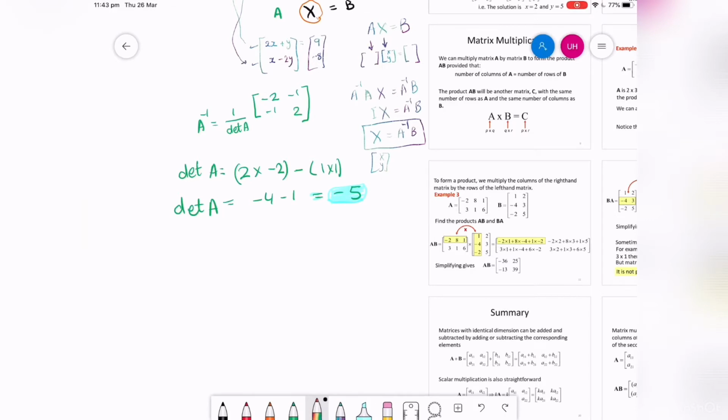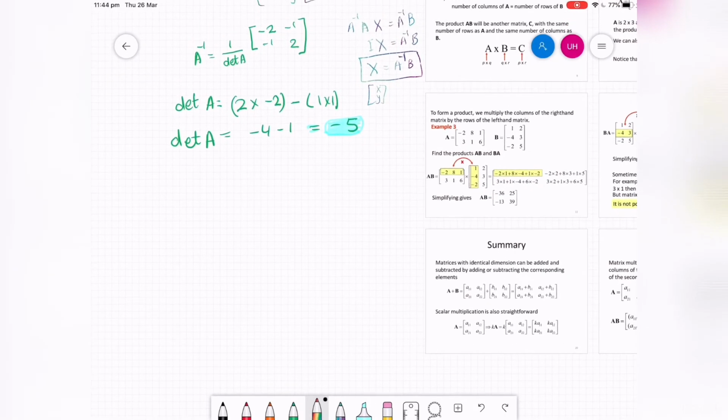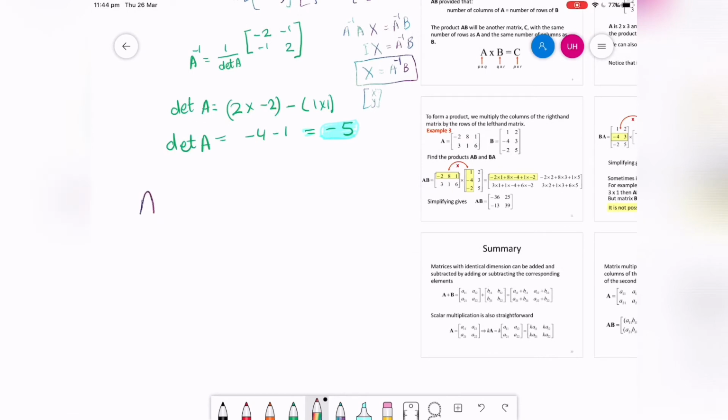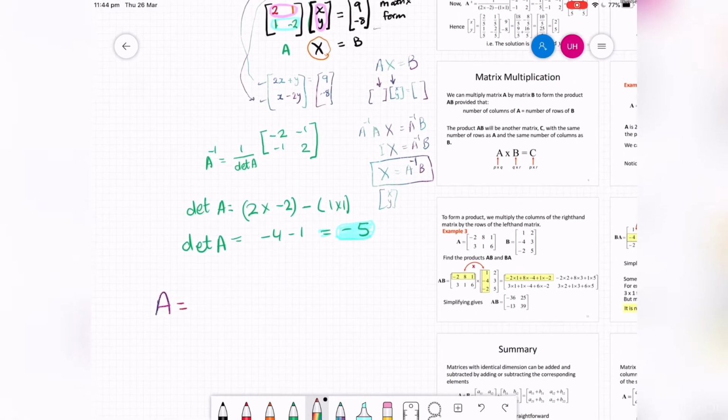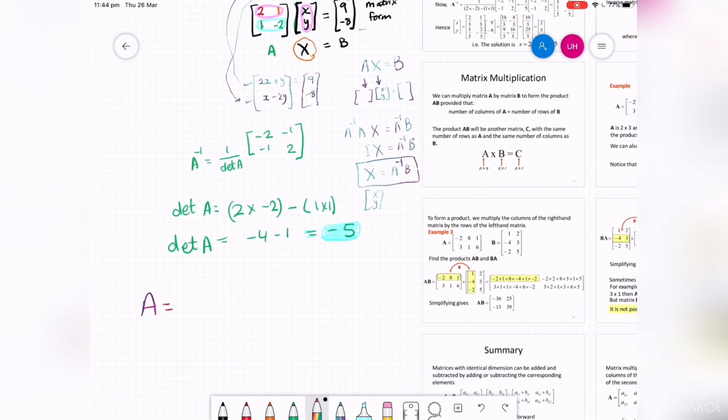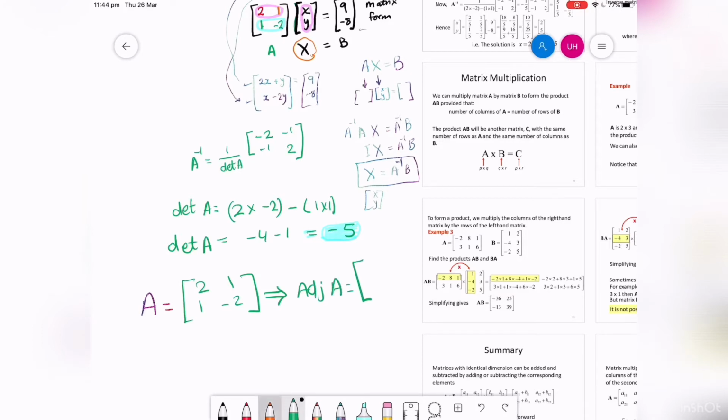So the adjoint of A, where A was 2, 1, 1, minus 2. That's the original. Therefore, the adjoint of A equals, what we do, we swap these two diagonal terms.